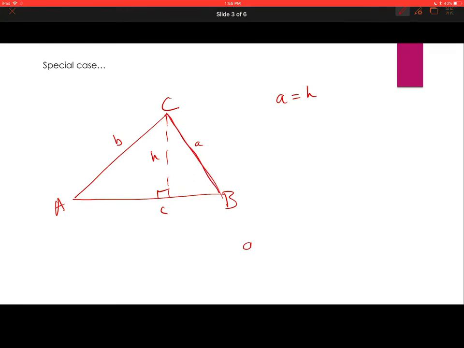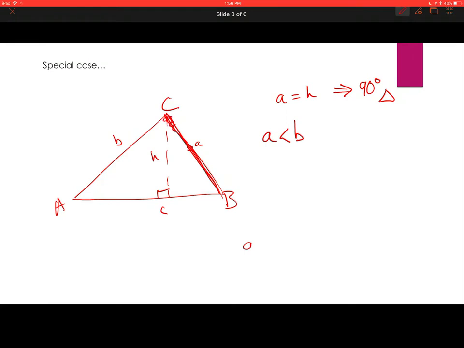If your a value is equal to your h, which means that the side length across from angle A is equal to the height, then what you have is a 90-degree triangle. In that case, you don't have to use the law of sines anymore.